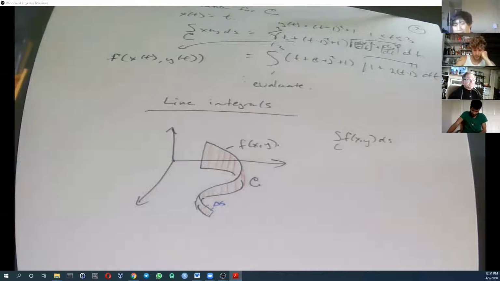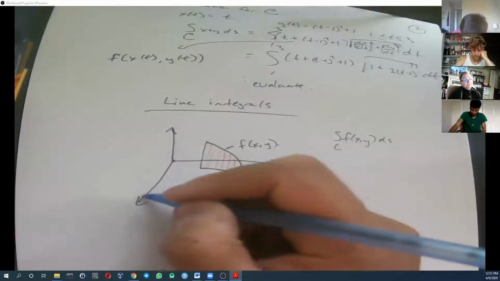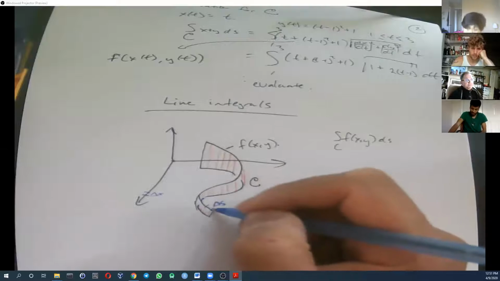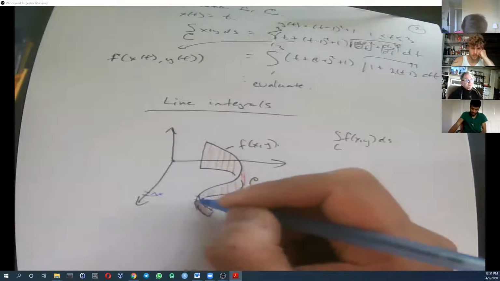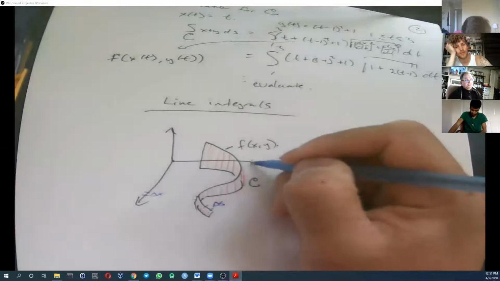But I could also chop up the plane, or the sections of the curve, like this. So now instead of following along the arc, I move along the x-axis, or the y-axis.